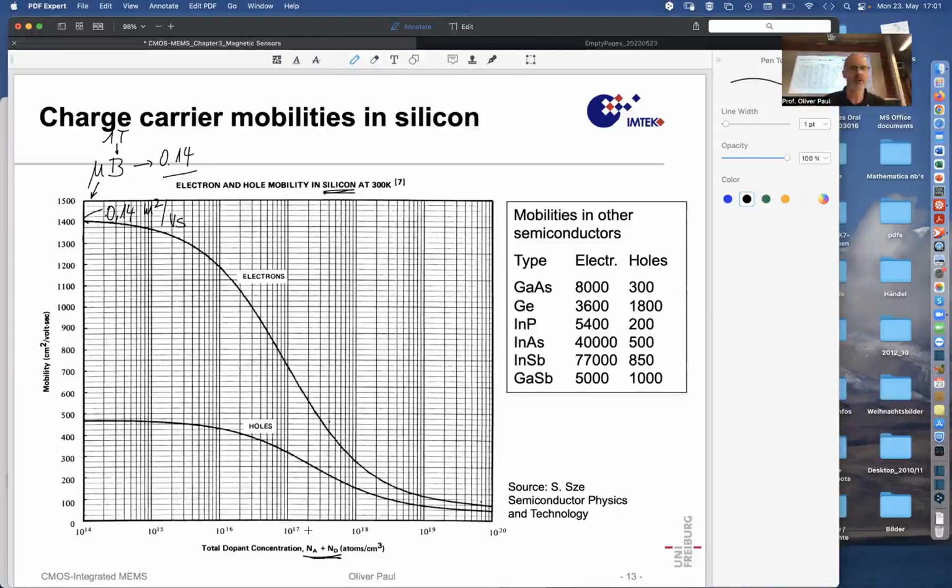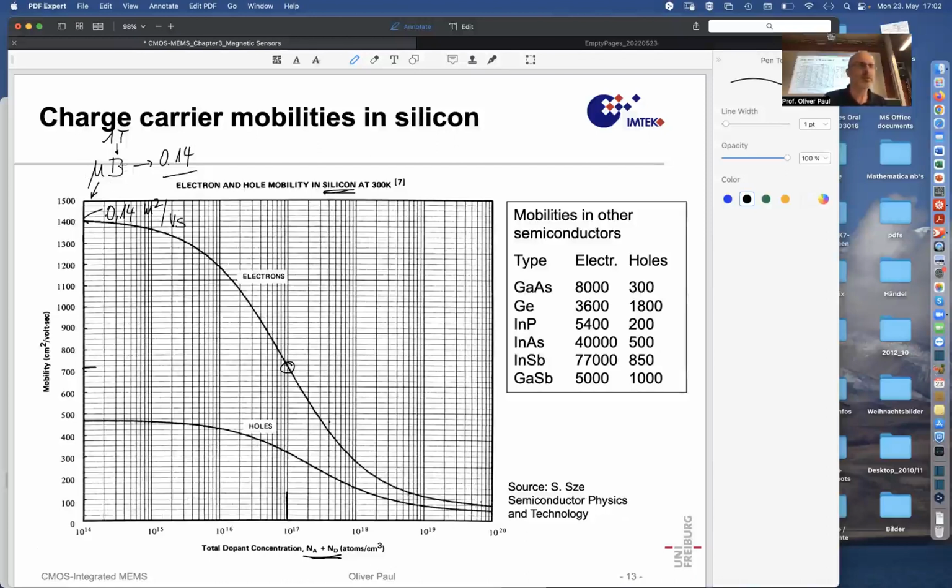For instance, if it's an N well, to overcompensate the acceptors, let's say this is doped overall to 10 to the 17, let's say 1 times 10 to the 16 of acceptors and 9 times 10 to the 16 of donors makes 10 to the 17, then the mobility of those electrons is going to be 700, only half of the maximum that you can obtain here. If it's very highly doped, the mobility goes down.